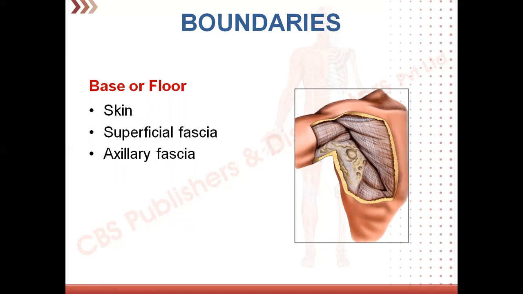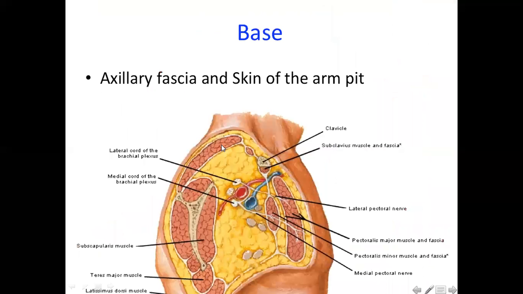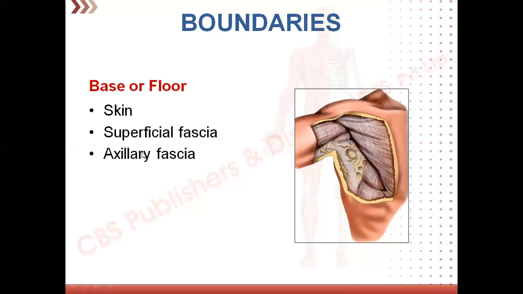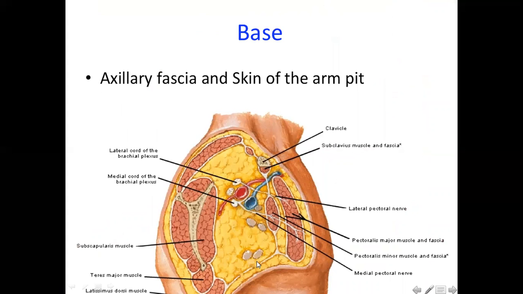I told you previously, those are nothing but lymph nodes. We also see the axillary fascia enclosing the axillary vessels and the cords of the brachial plexus. This is again the base, with a lot of fat containing pea-sized structures.